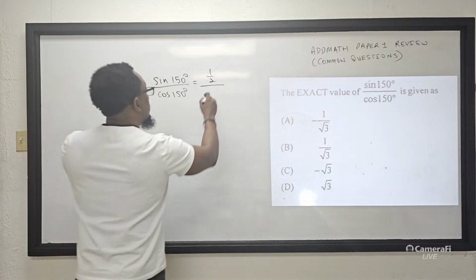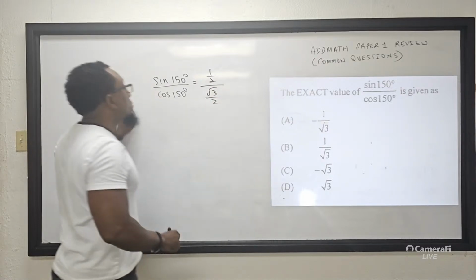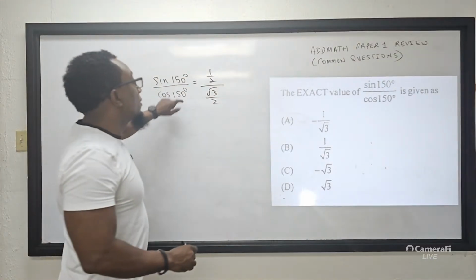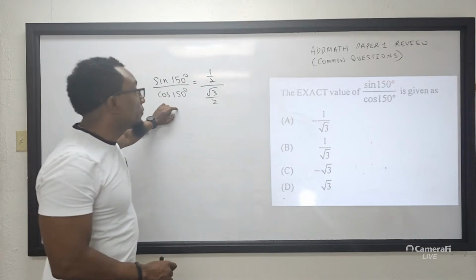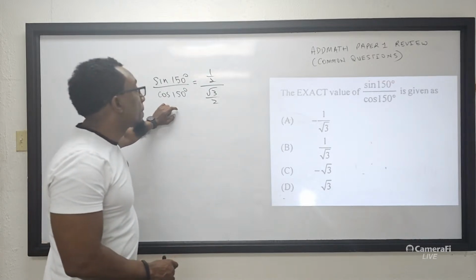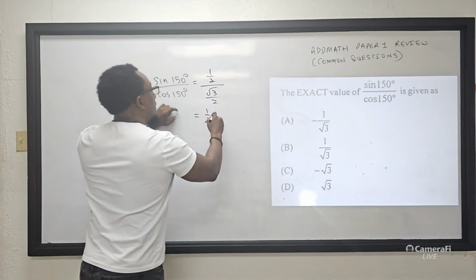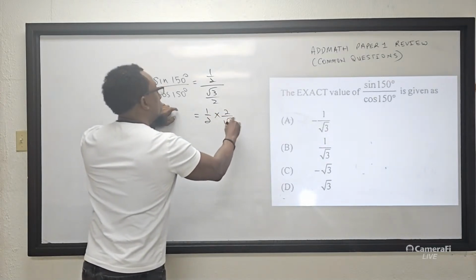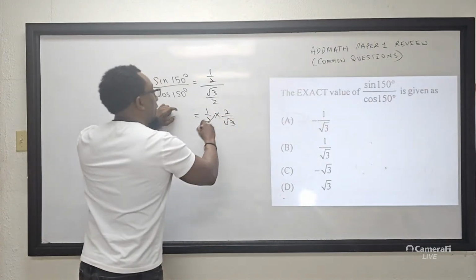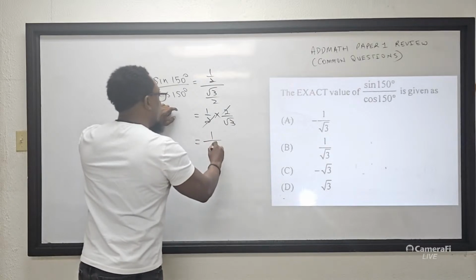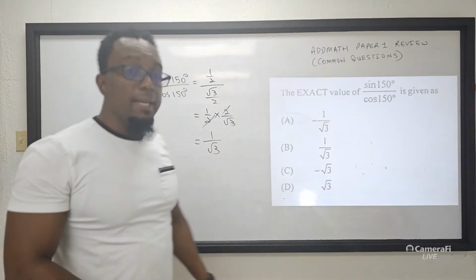Very important to know. So sine of 150 is a half, cos of 150 is the square root of 3 all over 2. When we simplify that, we get a half multiplied by 2 over the square root of 3. When these two cancel, I'm left with 1 over root 3, whose answer there is B.